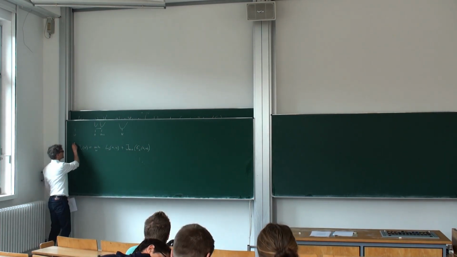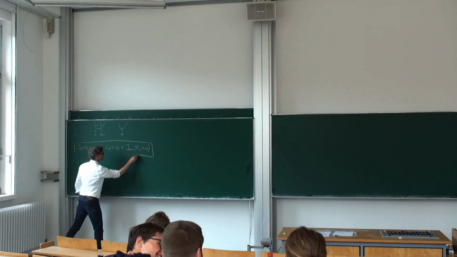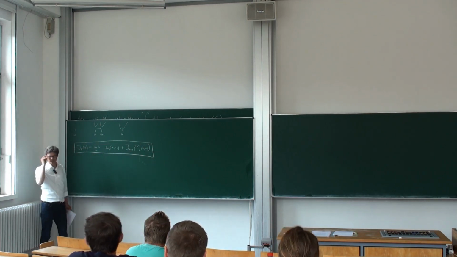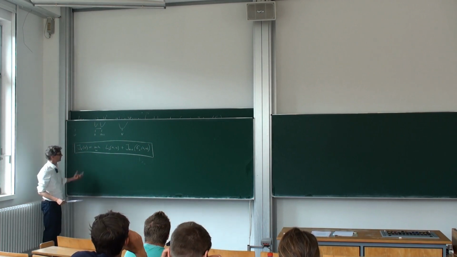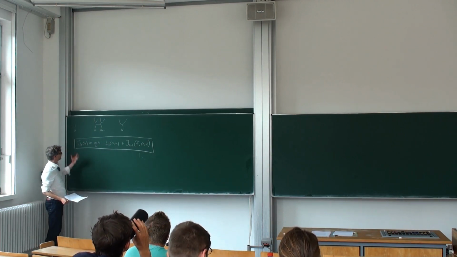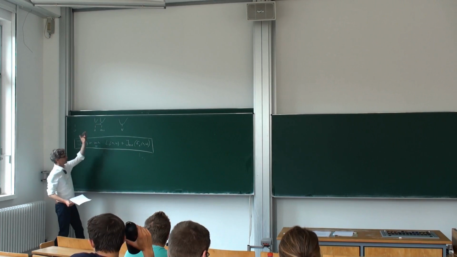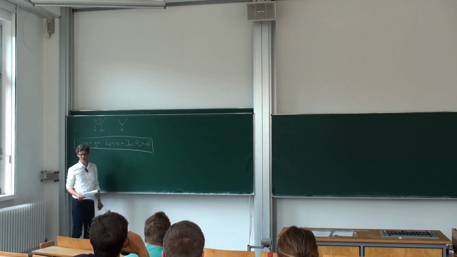This is the main equation I would like you to keep in mind, the essence of dynamic programming: you obtain the optimal cost to go as a function of the next cost to go.